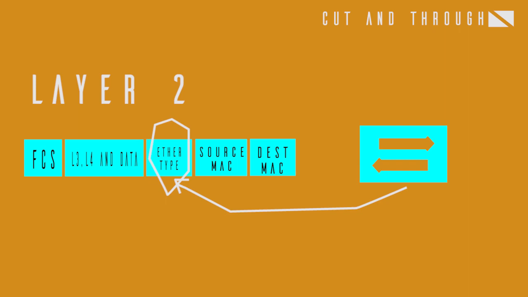An IP version 4 frame, maybe there's an access control list that's blocking this frame. Maybe it shouldn't even be allowed to go through the switch. Maybe it has a quality of service marking up at layer 3. Maybe we should interrogate that to see if we should treat this differently. So with this more modern approach to cut-through switching that we might find in a Cisco Nexus 5000 series switch, for example, yes, we look at the destination MAC address.